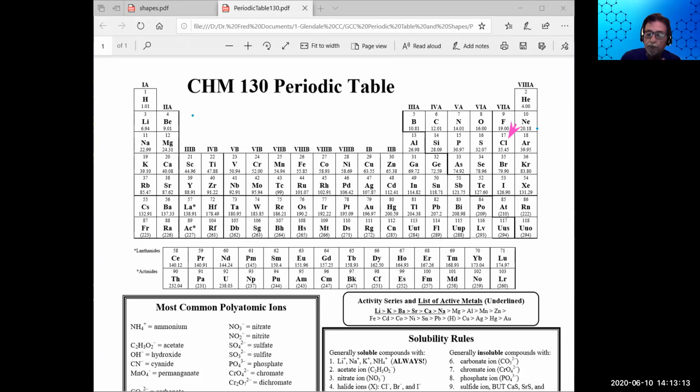What energy level are those 7 electrons? What period is chlorine in? Remember, we start at 1, 2, 3, 4, 5, 6, 7. Exactly. So those valence electrons are in the 3rd period.